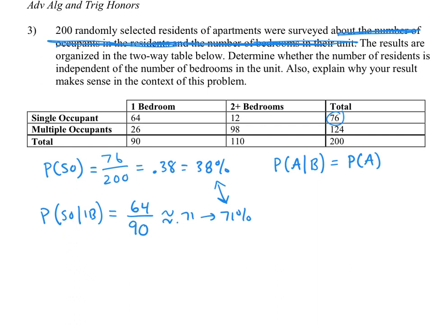If the probabilities were the same, these two events would be independent. And it should make sense that these events are dependent, because how many bedrooms you rent out an apartment with should depend on how many people you're putting into that unit. If you are a single occupant, you are more likely to rent out a one-bedroom apartment.